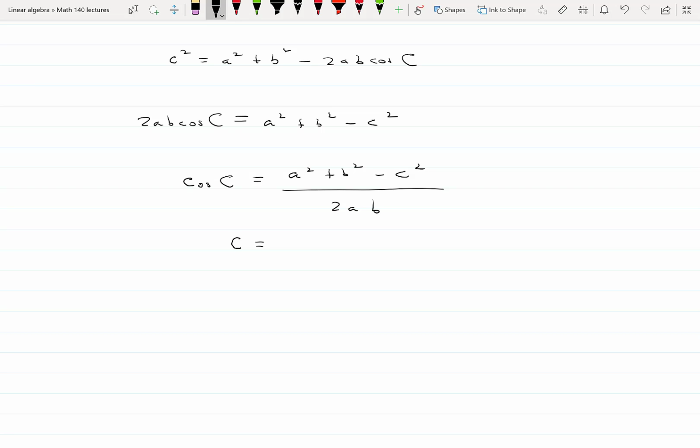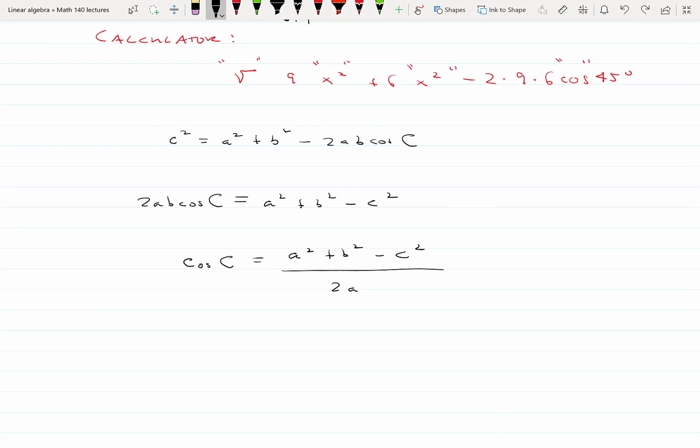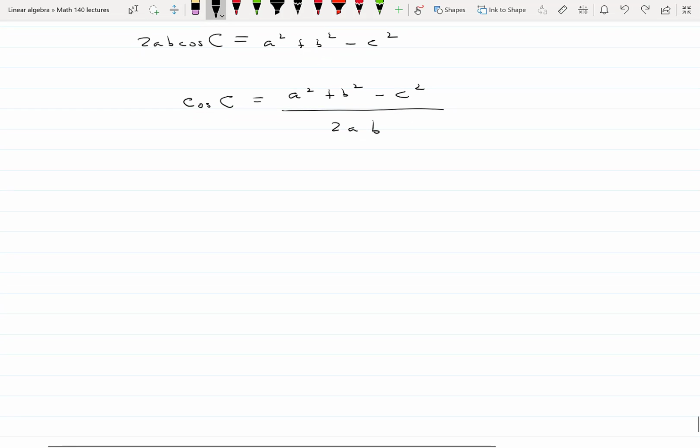It would be the inverse cosine. So the cosine formula for the angle C equals the inverse cosine of all that stuff on the right, a squared plus b squared minus c squared over 2ab.